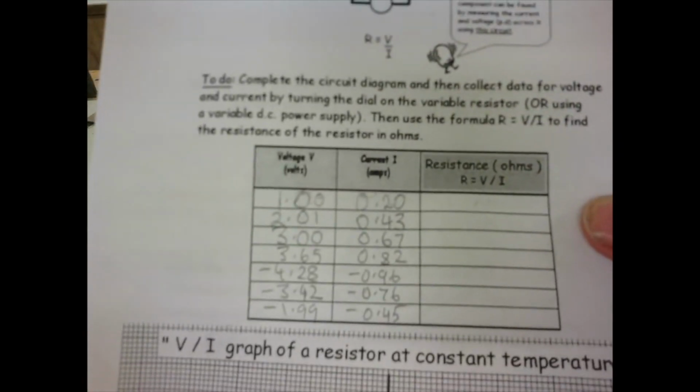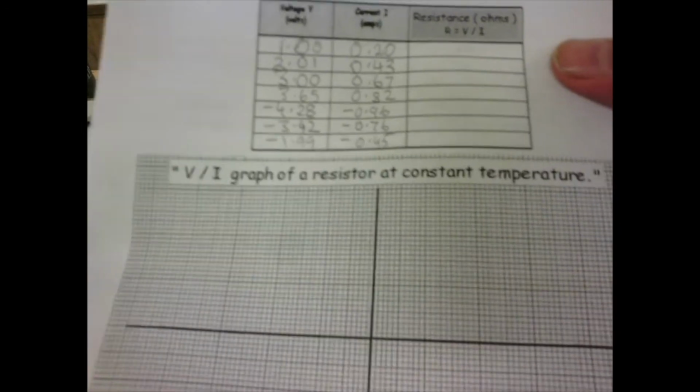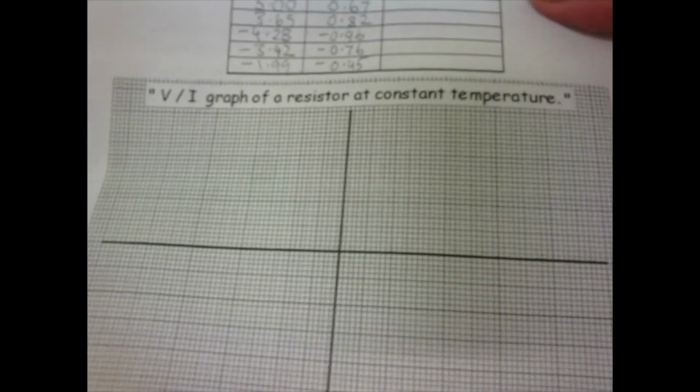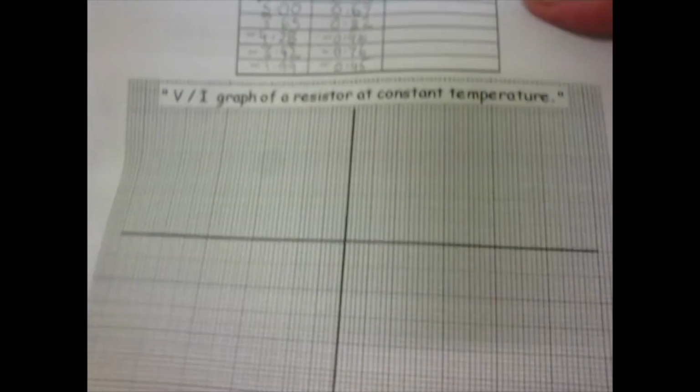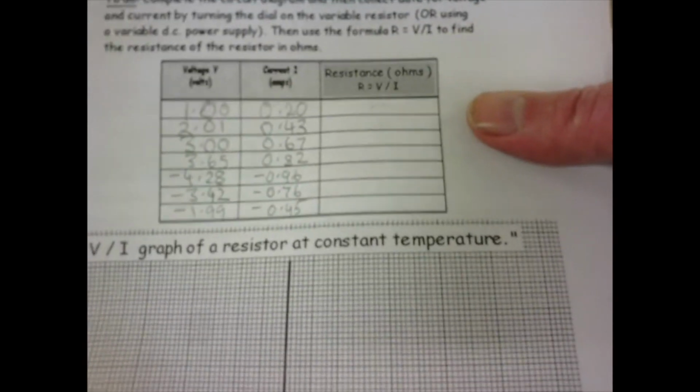the third and final column for resistance, and then plot a graph of voltage against current. Remember, the independent variable goes on the horizontal axis, so the voltage on the horizontal, and current is what's being measured.